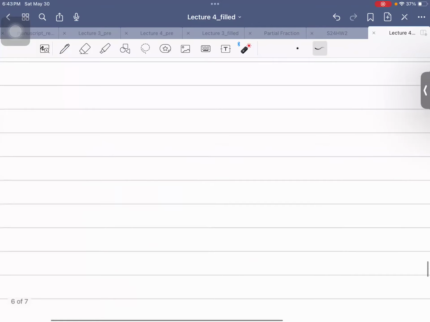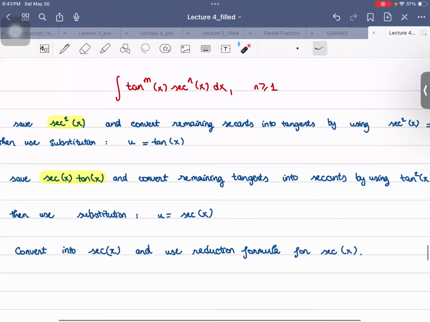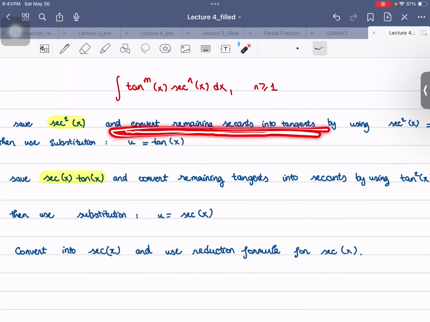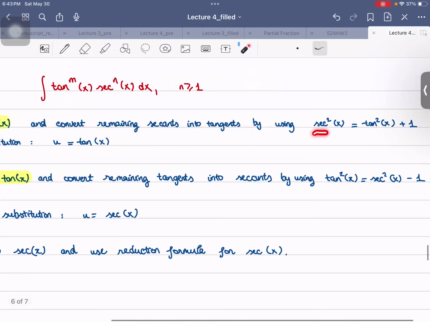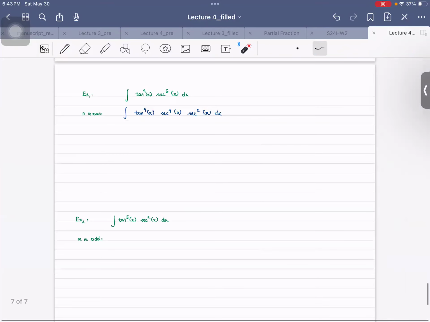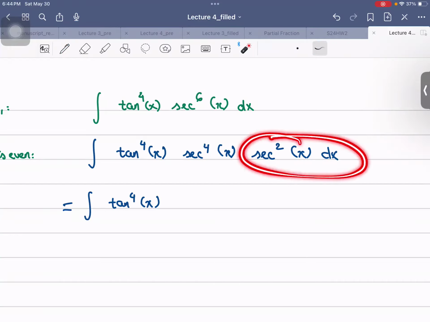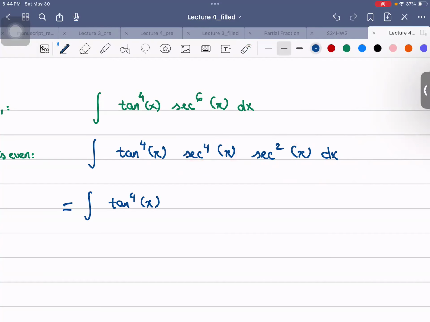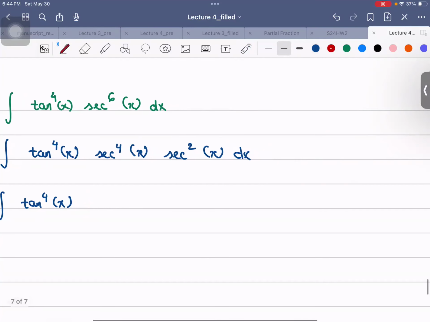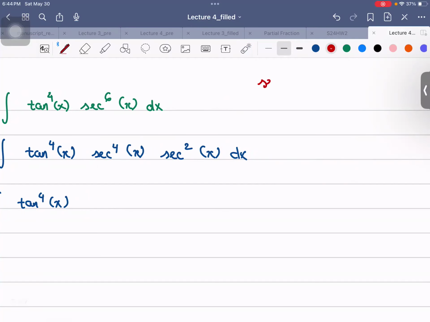After that, we have to convert the remaining secant into tangent using the fact that secant square is tangent square plus one. Remember that you have this identity: secant square of x equals tangent square of x plus one.